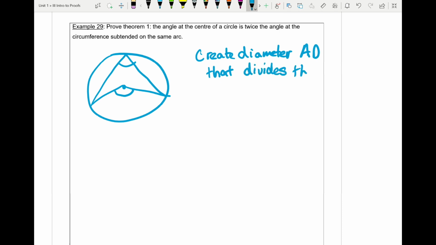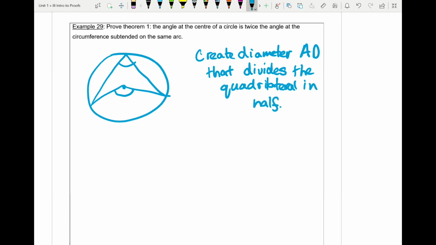So to do that, what we are going to do is create a diameter from A to D that divides the quadrilateral in half.